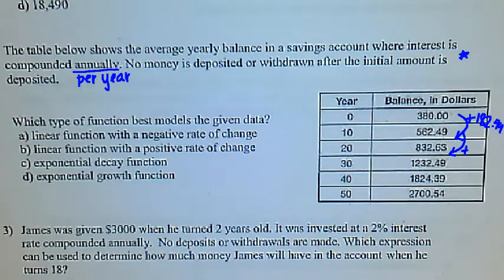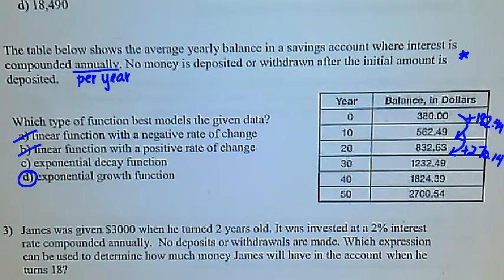This one would be $270.14. So it can't be linear. Basically, as the years get higher, the money gets higher. So easy enough, that would be growth.